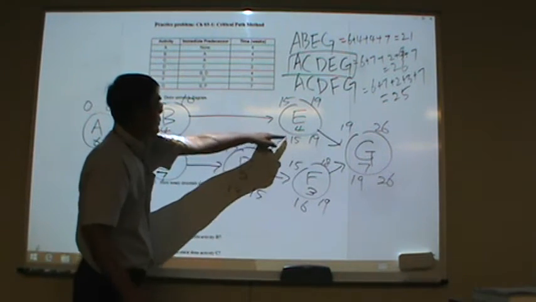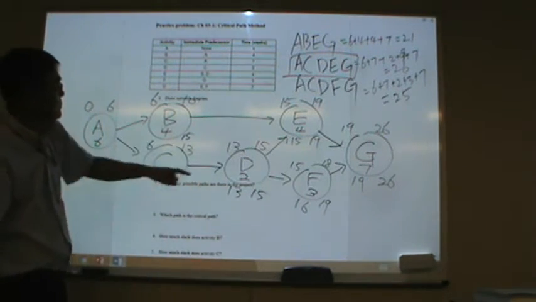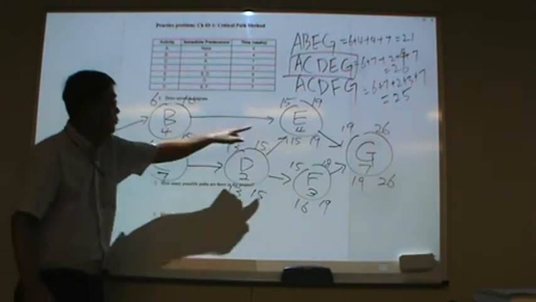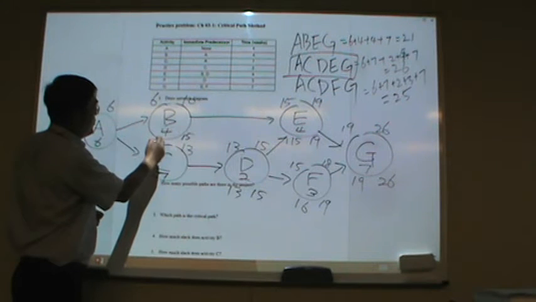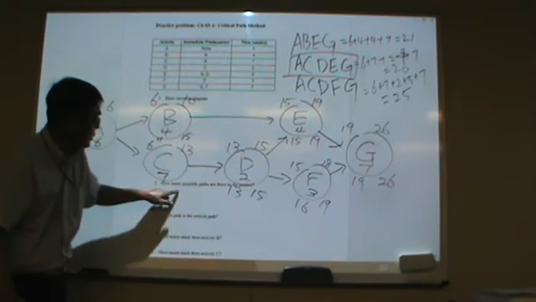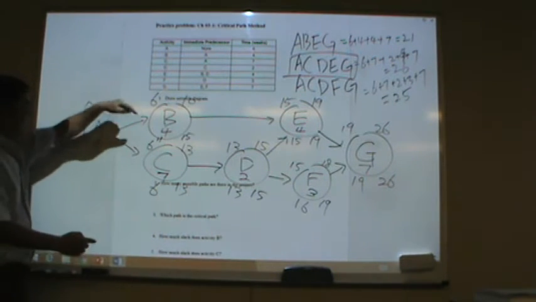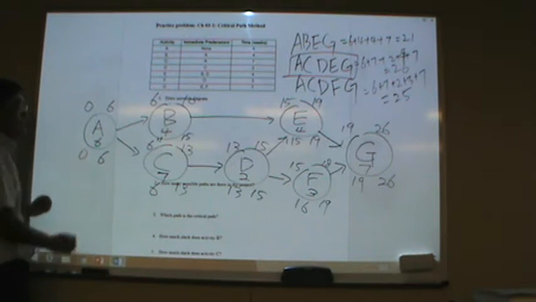This one doesn't matter. Just bring the critical one from 1, right? So 15 minus 4, 11. 11 and 6, 6. 6, 0.